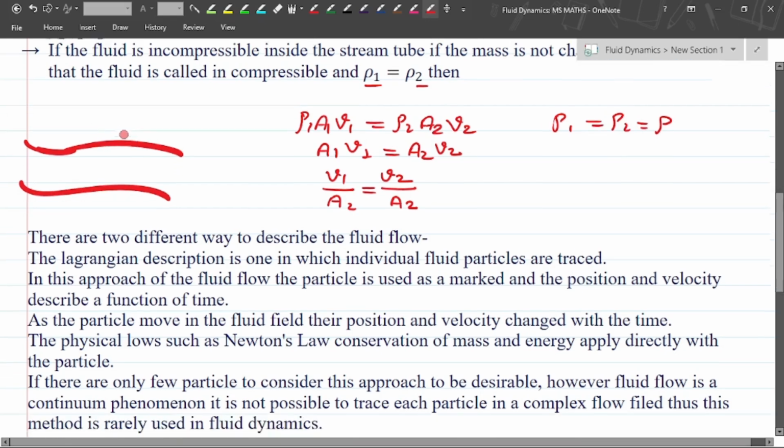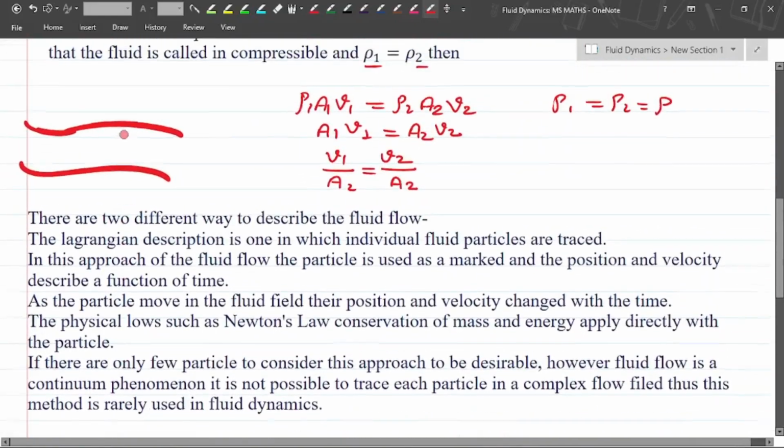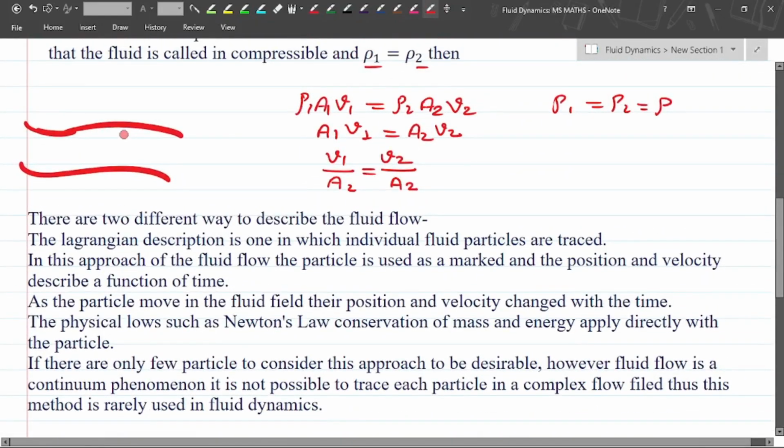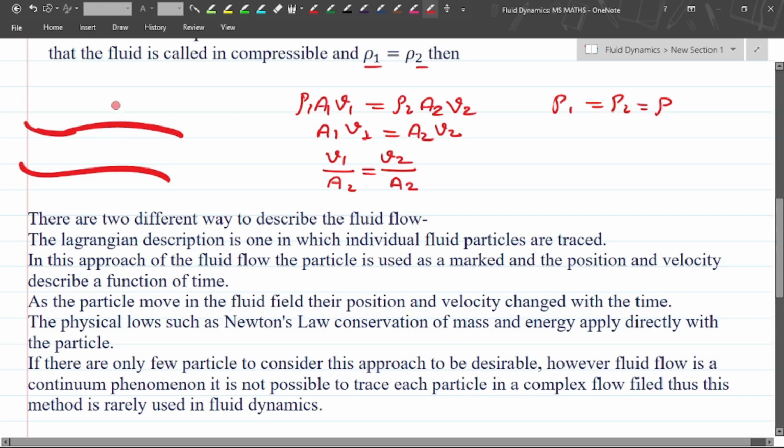The whole description I have written in these notes. I will just explain the concept behind these approaches. In the Lagrangian approach, the Lagrangian description is one in which the individual flow particles are traced. Okay, there is a fluid flowing inside this river, or basically some fluid which flows in such a manner that we will trace it in the Lagrangian approach.